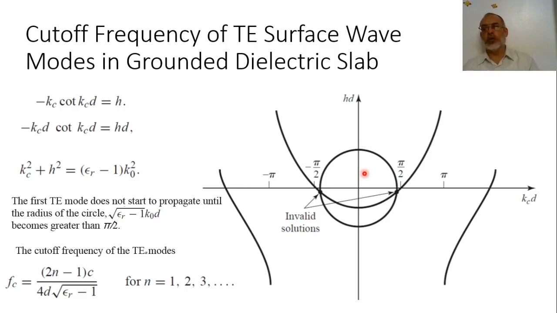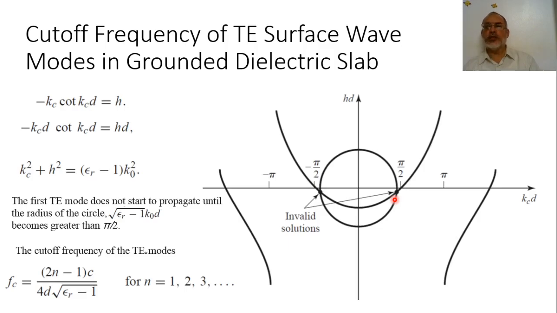And also, we said that the value of h cannot be negative, because we are assuming that the wave above the dielectric interface is proportional to e to the power minus hx.